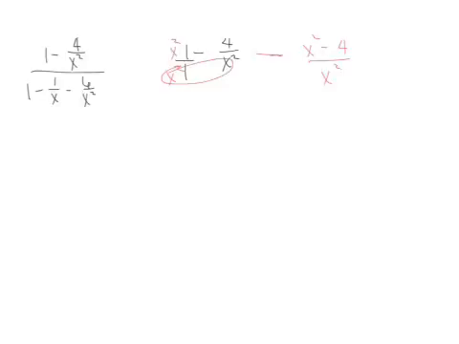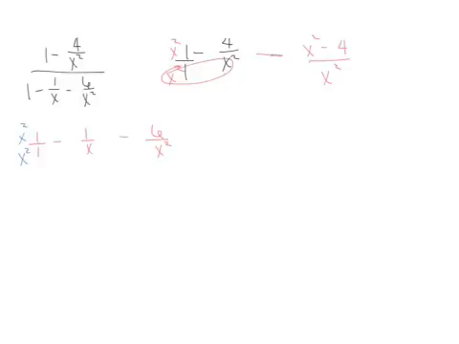Alright, now let's look at this one. This one's going to be a little bit trickier. 1 over 1 minus 1 over x minus that. Alright, so let's see what I'm missing. What am I missing here? I'm missing an x squared. So x squared is my biggest one, so that's what I'm going to put down. And what am I missing here?